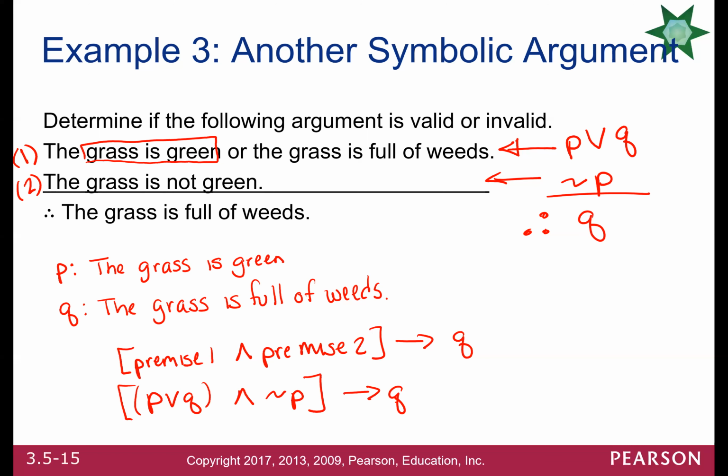P or Q and not P, then Q. So we need to go and create a truth table.